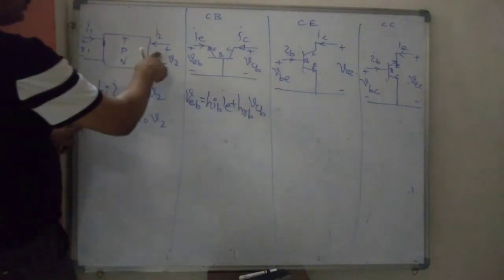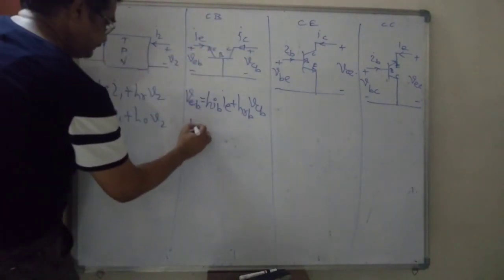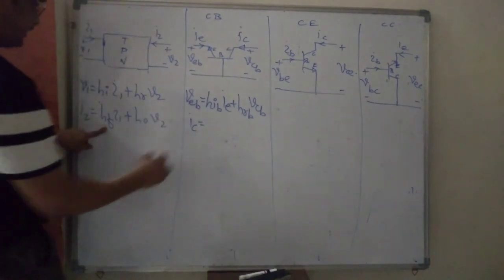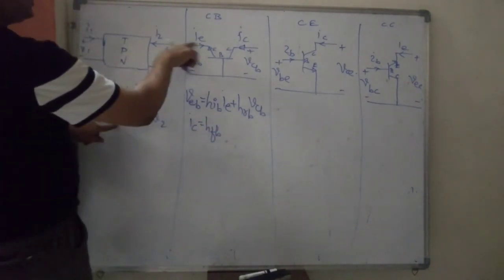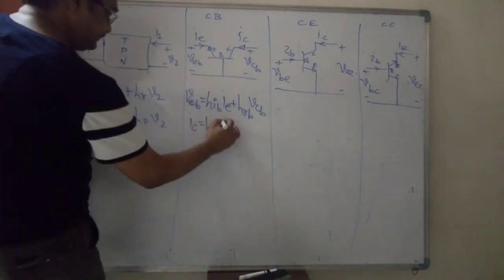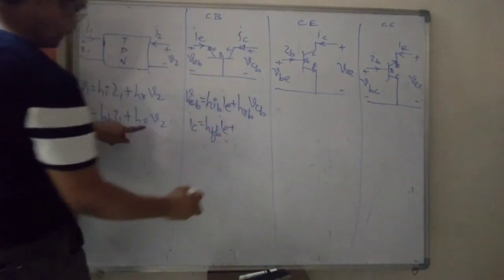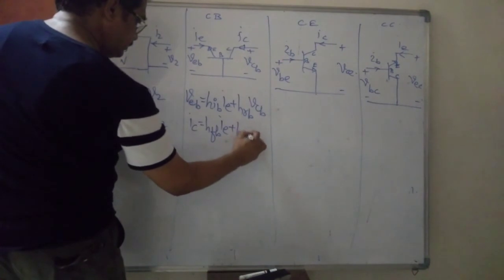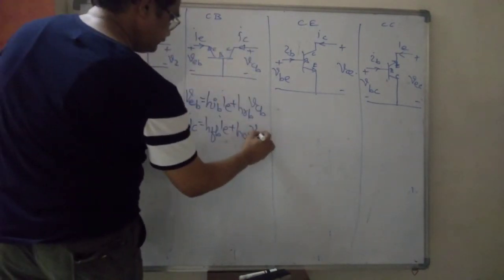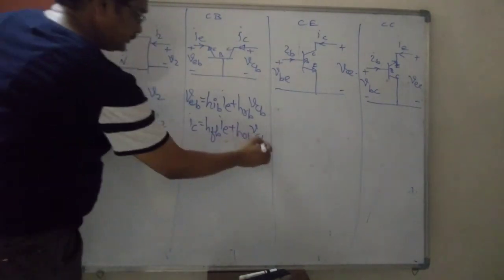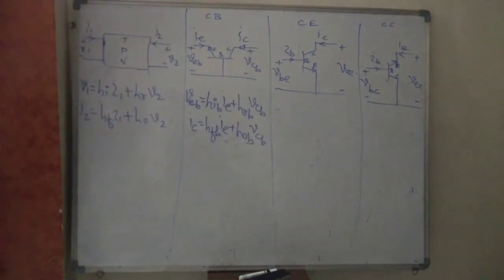I2: in place of I2, here it is IC. hfb, in place of I1 it is IE, plus hob. In place of V2, here it is VCB. Two equations for common base.